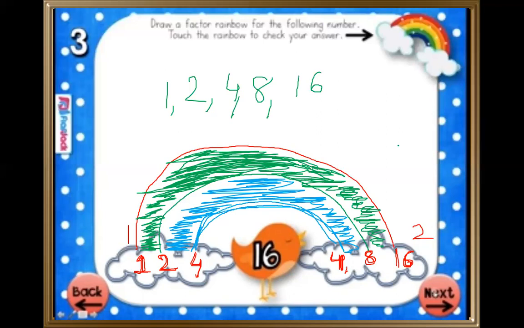You can find the factors for 18, 24, 36, 12, 10, 8, 6, 15, 20, 25, 30, 40, 45, so many numbers. You can find the factors of a given number with the help of factor rainbows or the working of the numbers. Right? Thank you.